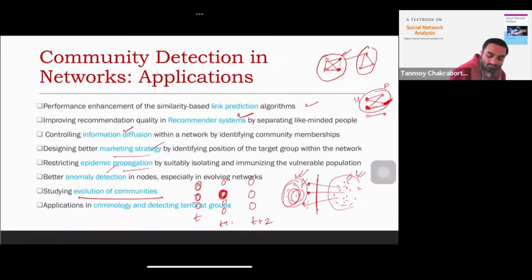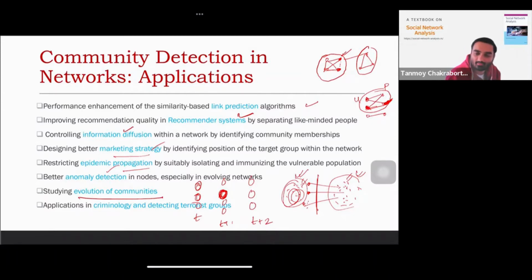So when we look at the evolution of a community, there are different ways. One way is that a community can split and then form multiple communities. The other possibility is that multiple communities can merge together and form a big community, and so on and so forth.